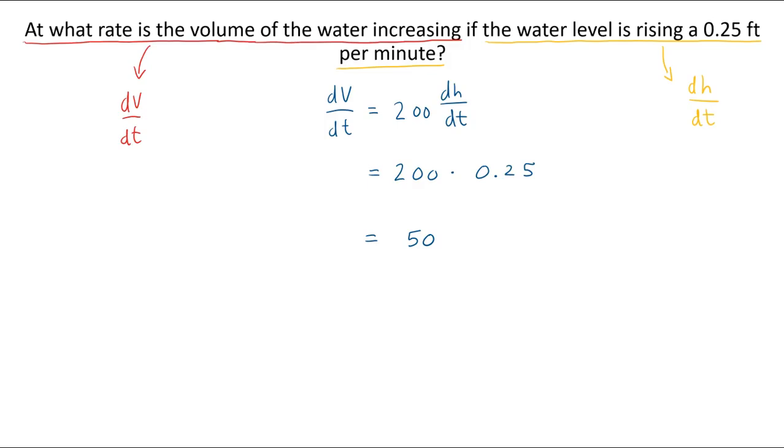Well, our units here are feet and minutes, or feet per minute. And because dV over dt, that's a volume, volume is always calculated in cubic units. So this would be 50 feet cubed per minute.